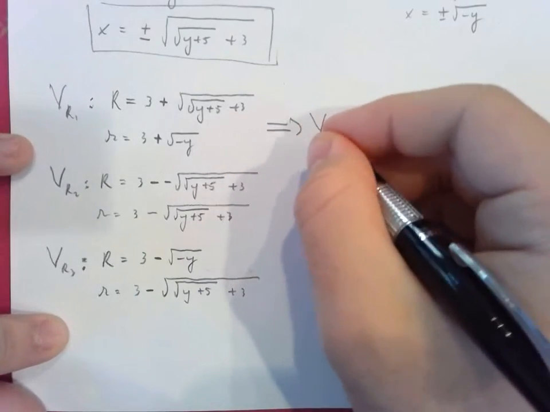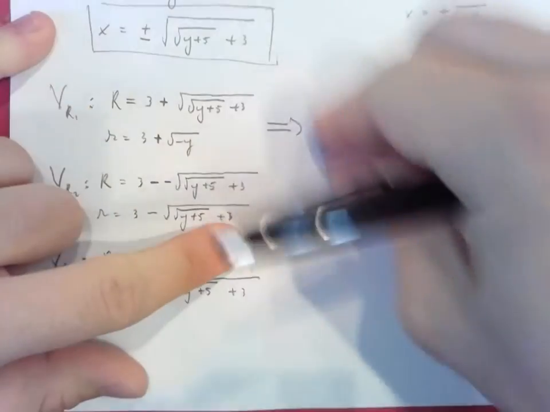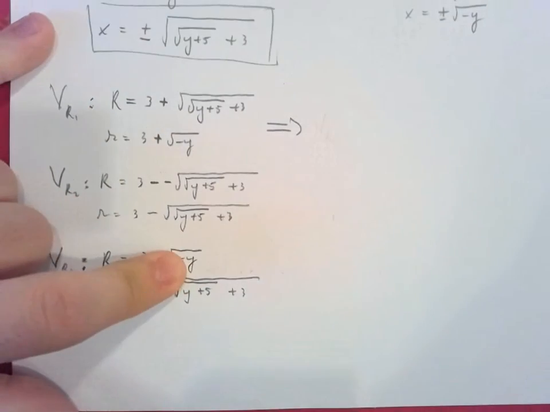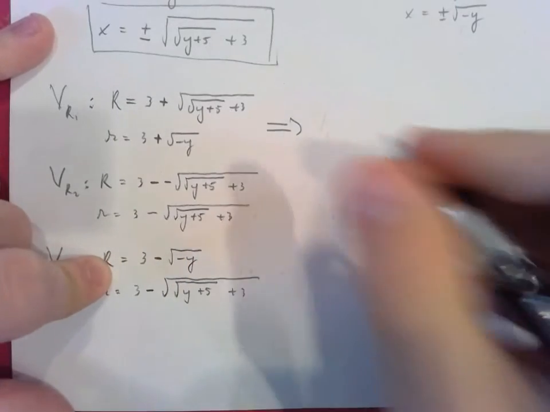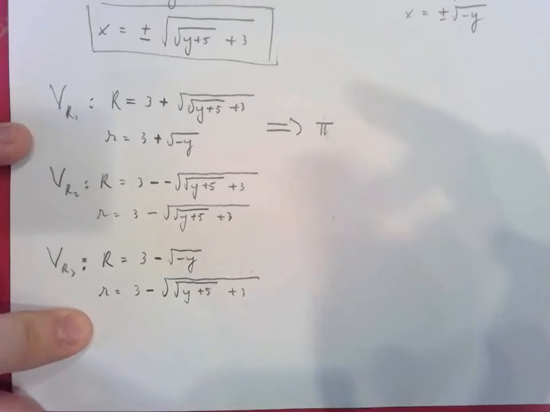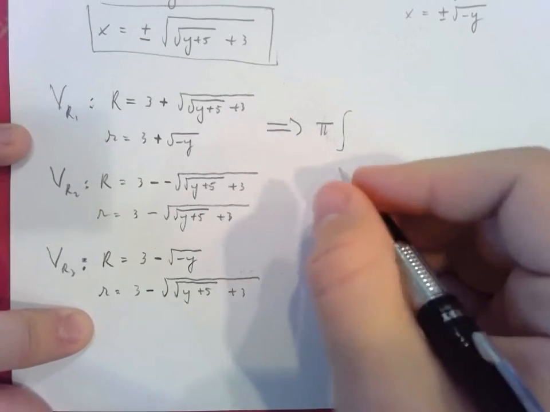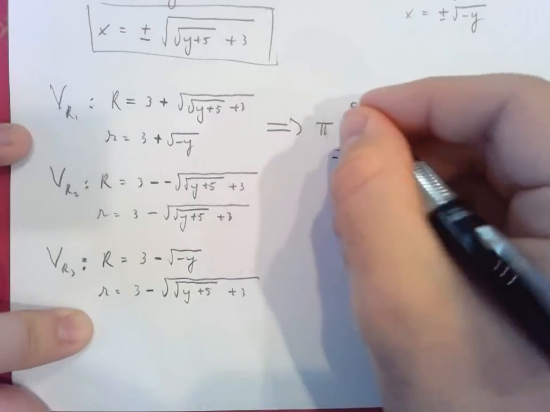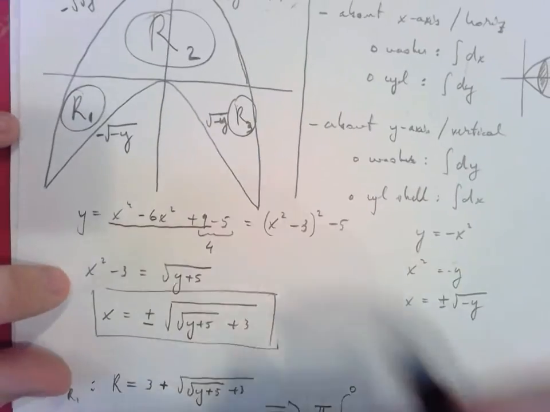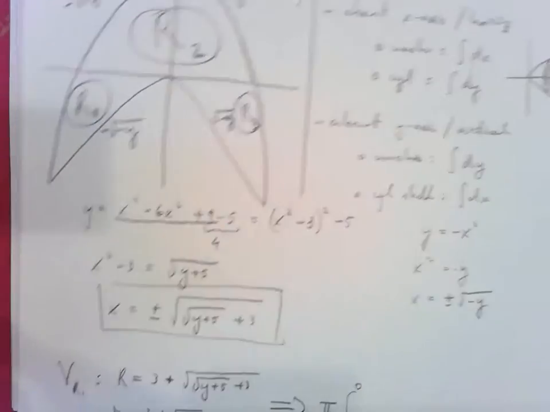So using this information, the volume over region 1 I obtain by doing the following integral, and this is the washer method, so remember I have to do pi times big radius squared minus little radius squared, and the integral is going to go from y equals -1 to 0.